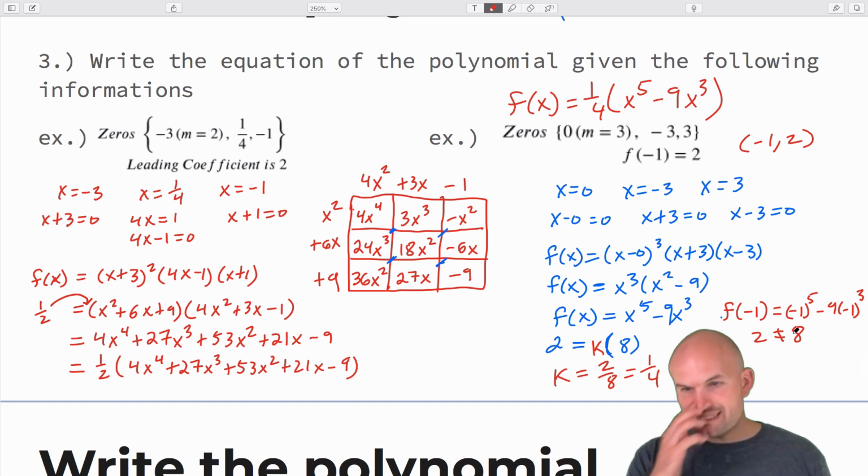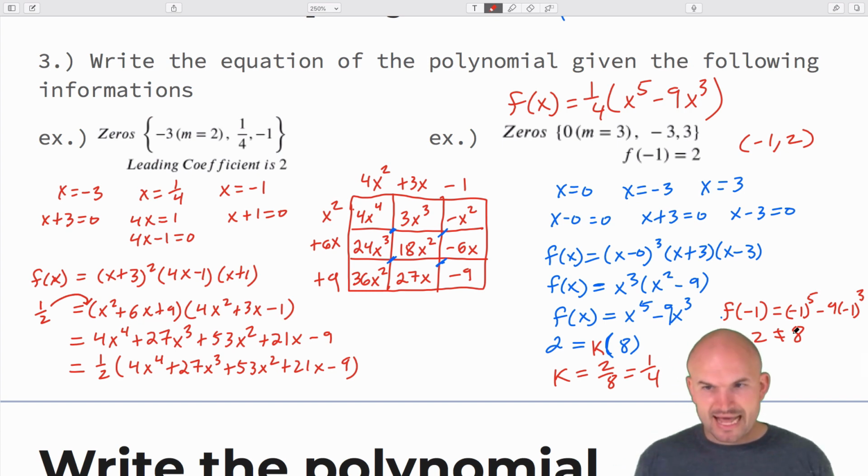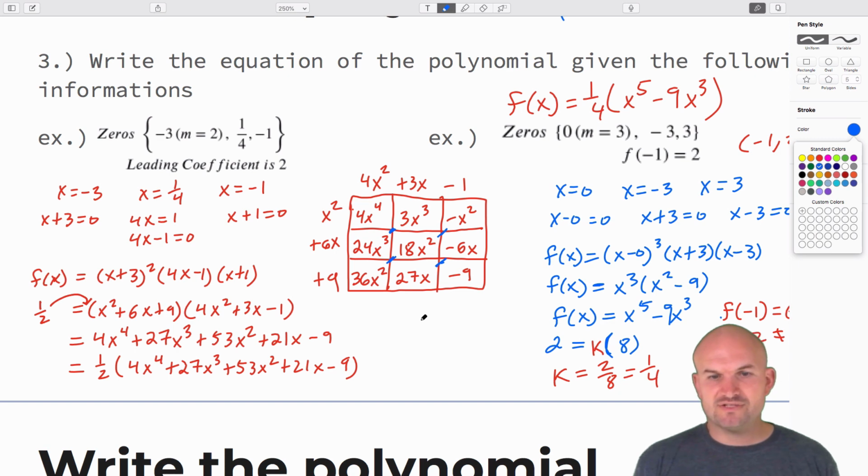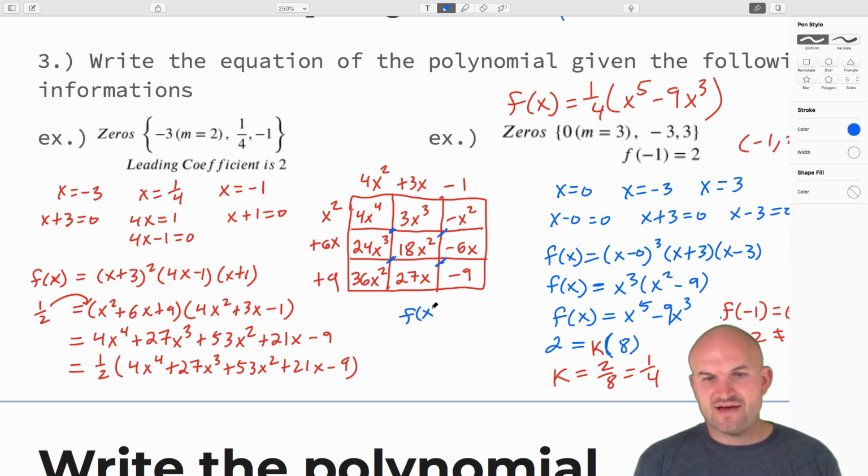So again, what we need to understand here is how can I write this problem so that it works? And I'm actually going to do this again. I'm going to add on to this. So what I want to do in this case is write f of x equals x to the 5th minus 9x cubed.